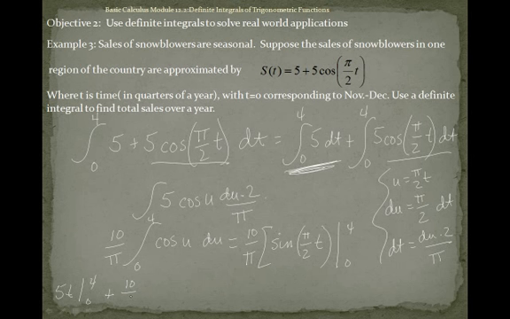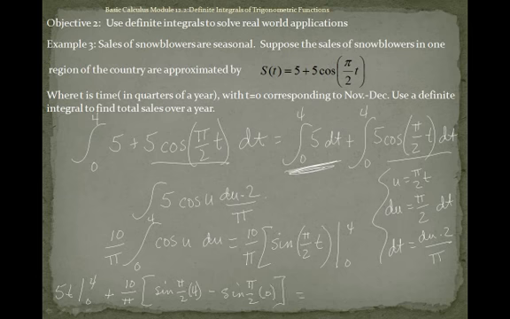We've got 10 over pi, and this is going to be times the sine of pi over 2 times 4 minus the sine of pi over 2 times 0.